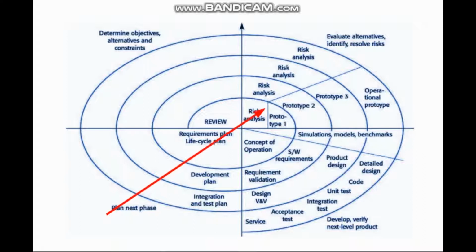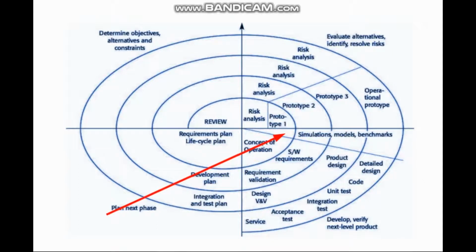After making a risk analysis, we go for prototype 1, that is the initial development. By taking certain available requirements we develop a prototype. After developing the prototype, we make some entries in the requirement documentation. We also develop some models and some benchmarks.